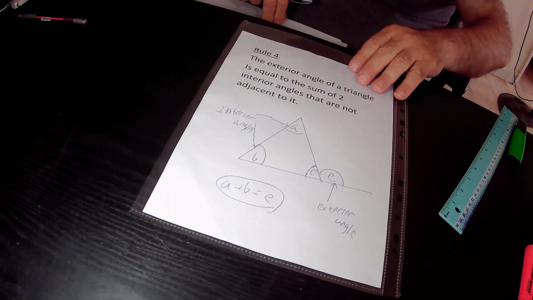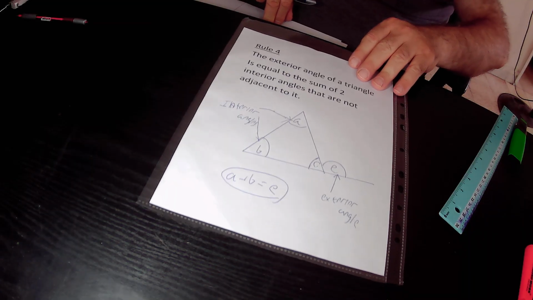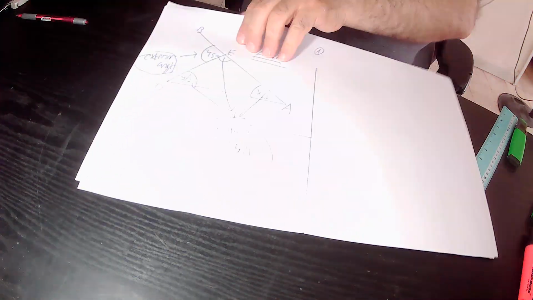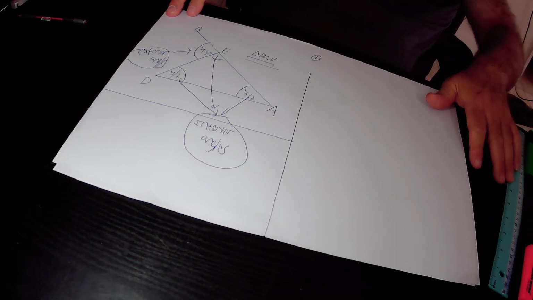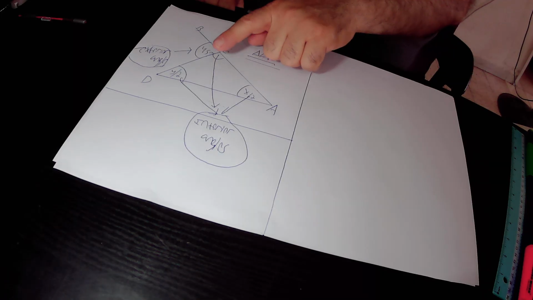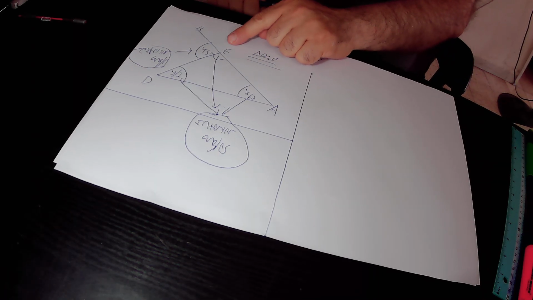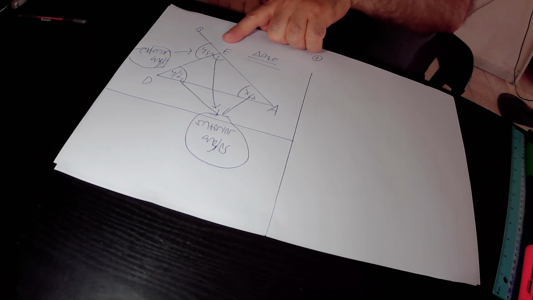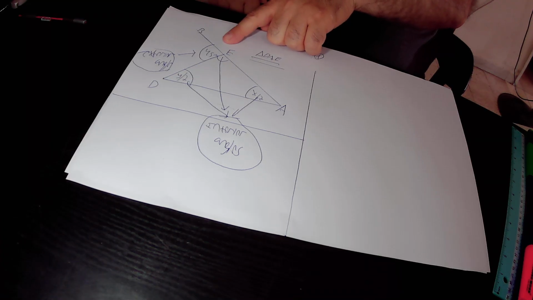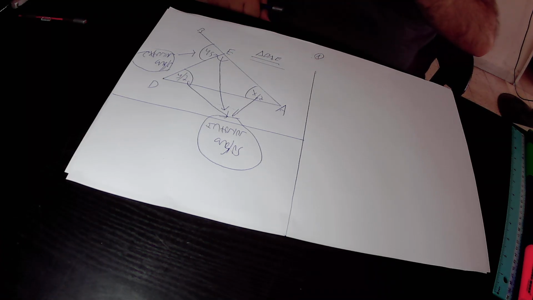So we can actually implement rule 4 in our drawing. Why? Because in our drawing we have here triangle EDA. This is angle DEB. Angle DEB is the external angle of this triangle DEA.